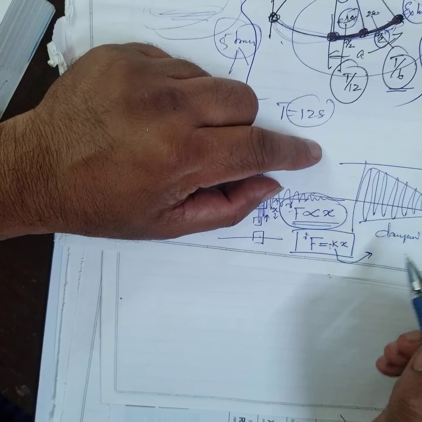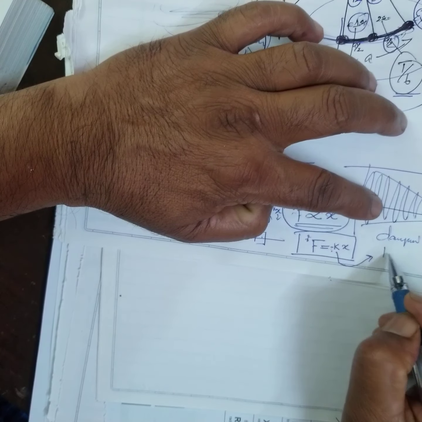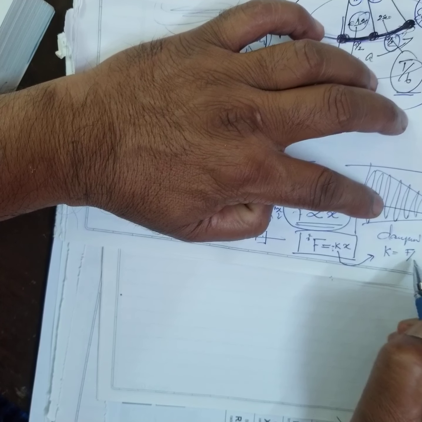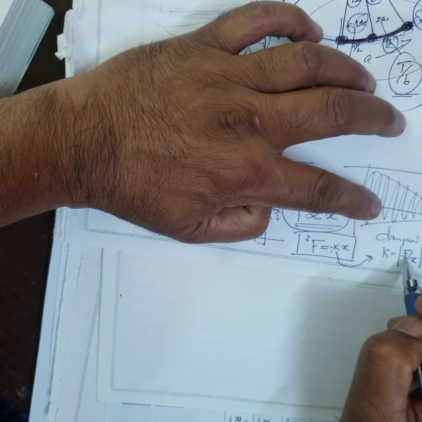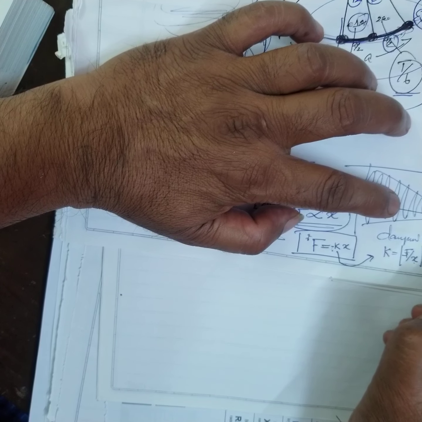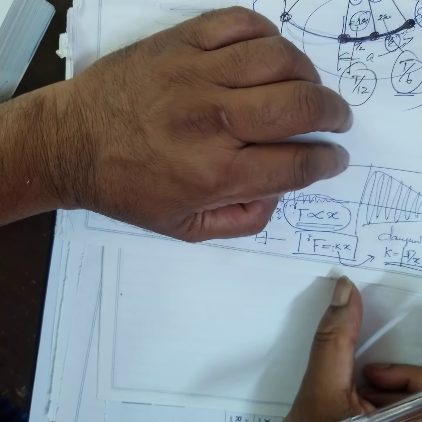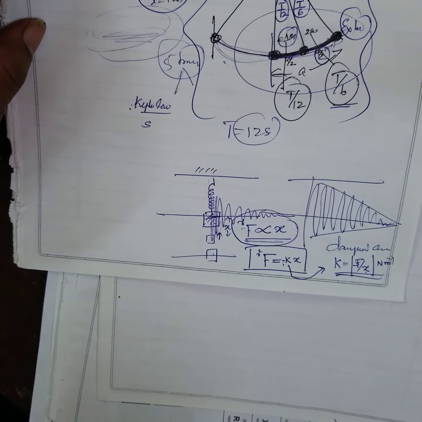So how do we represent the spring constant? k is equal to F by x, with a minus sign. Therefore, the spring constant is force per unit displacement, or newton per meter. We will discuss this in a separate class. These are the overall picture of simple harmonic motion.